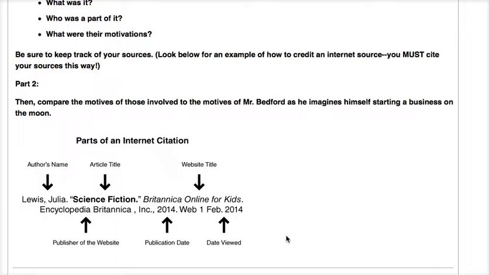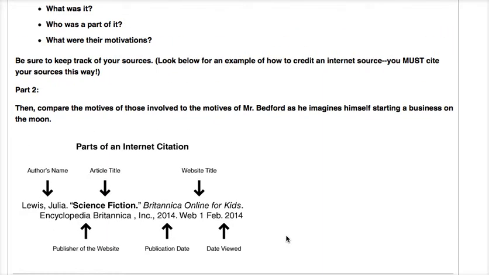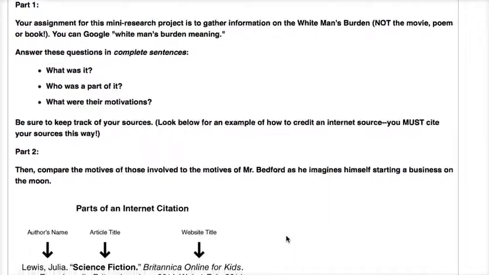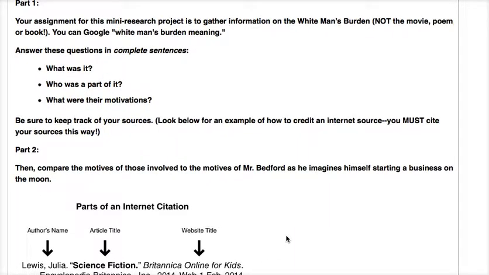And there is a website title. There will be the title of the website. Okay? And there'll be a publisher. You're going to have to look for it somewhere. And the dates. Okay? So that's all you have to do for this mini research on white man's burden. And if you still need any help, message me or call me, and good luck with this. Bye.